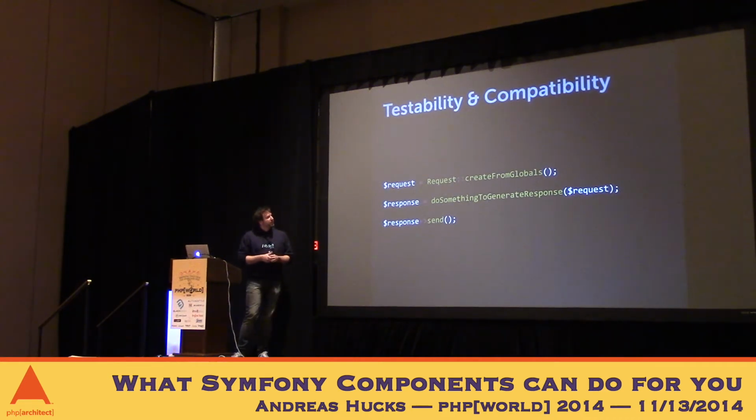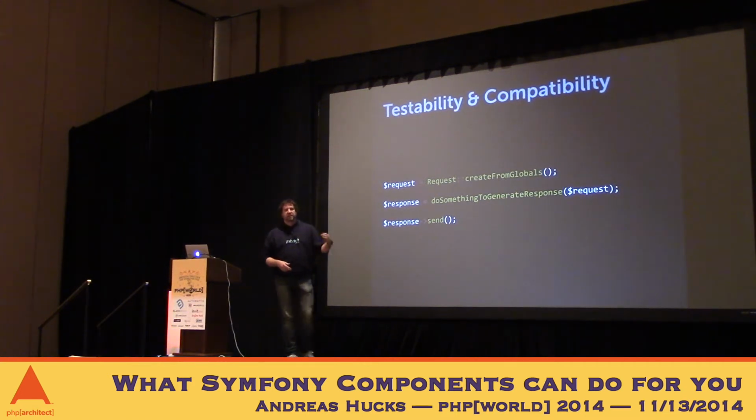So what you're now able to do is to fake a request. And once you are able to fake a request, you can run functional tests from the command line, because you can now create artificial requests, run the framework or whatever you do to create a response, and then analyze that response object for a certain property, like assert there's a headline in this, or assert that the status code is 302 or whatever. But we'll get back to that later on.